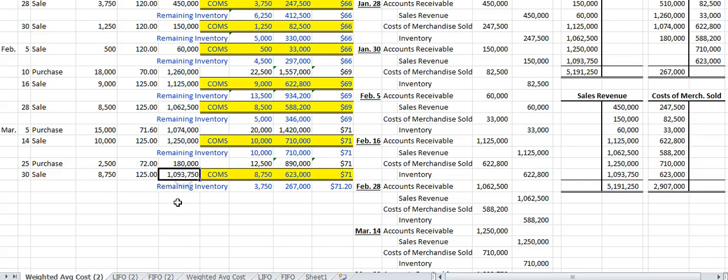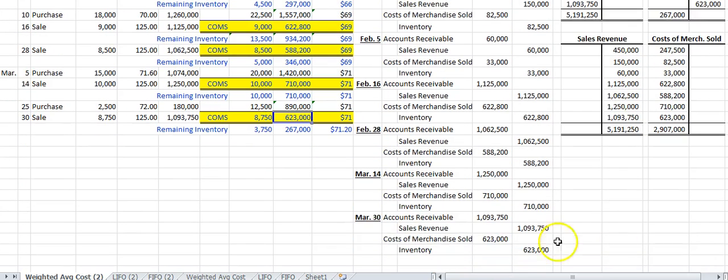I obtained $1,093,750 in sales revenue. I sold 8,750 units at $71.20 for a cost of merchandise sold of $623,000. And I go ahead and post those entries. Those entries are all the way down here. Okay.